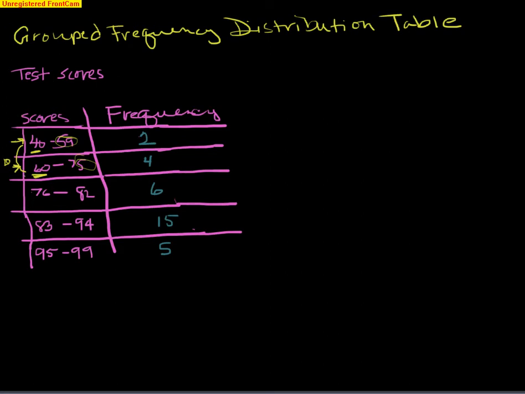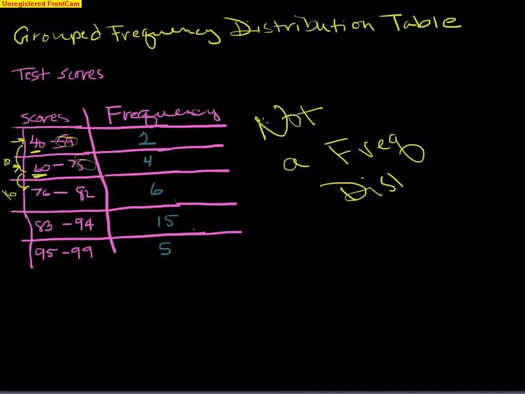What is the distance from 60 to 76? That's actually 16. So there are 16 different test scores in this second one and only 10 in the first one. So it doesn't make any sense. This becomes kind of meaningless. This is actually not a frequency distribution table. It can only be a frequency distribution table if it has equal class widths.